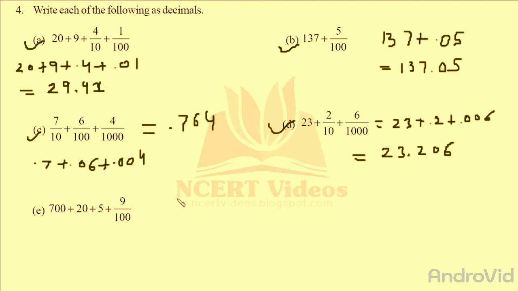Last part 725, just summing up the whole part, 0.09. So that makes your question 4.